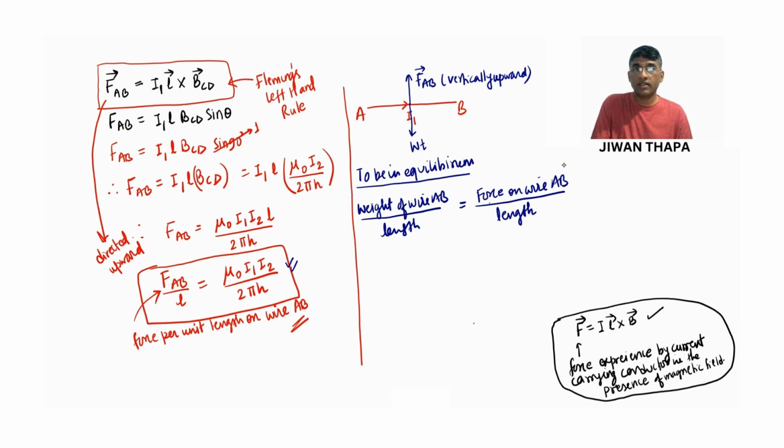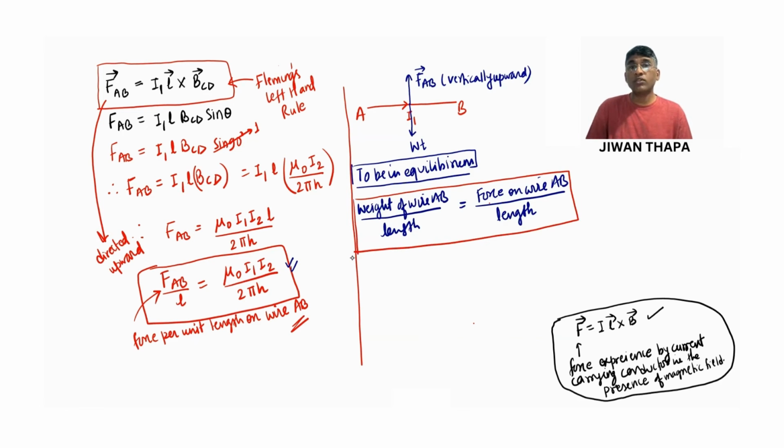So to be in equilibrium, we must have weight of wire AB per unit length equal to force on wire AB per unit length. So we can write: weight of wire AB per unit length must be equal to force on wire AB per unit length.